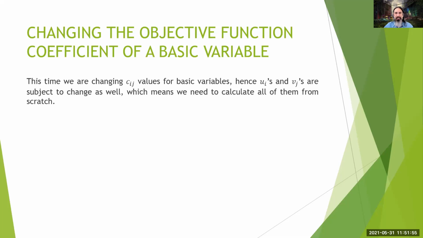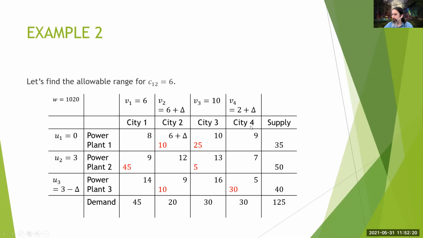Or it might be a machine, or some sort of, I don't know, a new technique, or hiring more staff, etc. But still, if there is a change in the coefficient of a basic variable, it might have two different effects. It might make that basic variable leave the solution, or it might make that basic variable more important and make others leave the solution. That might go both ways, if you remember that one.